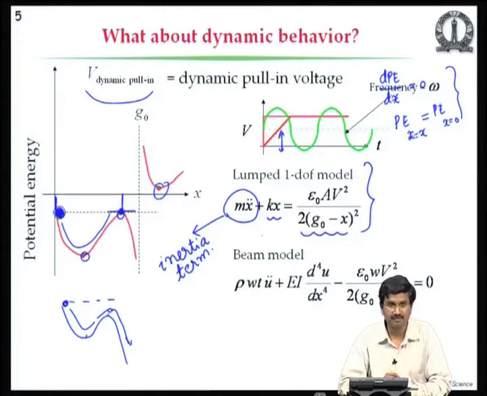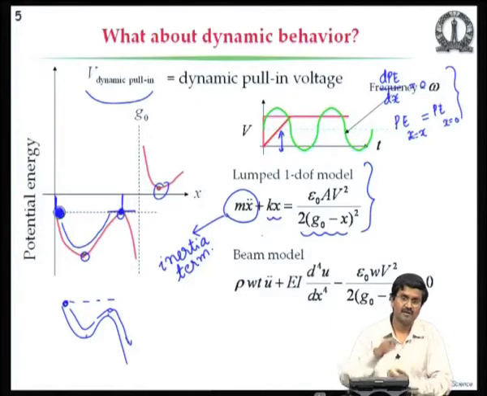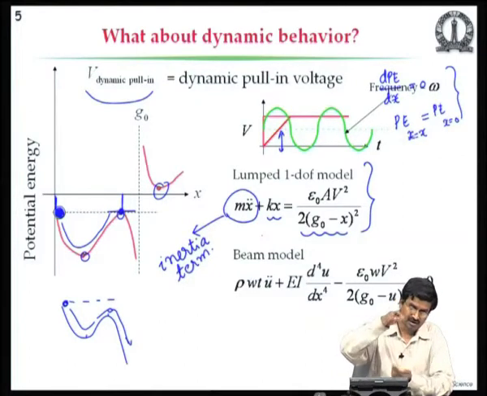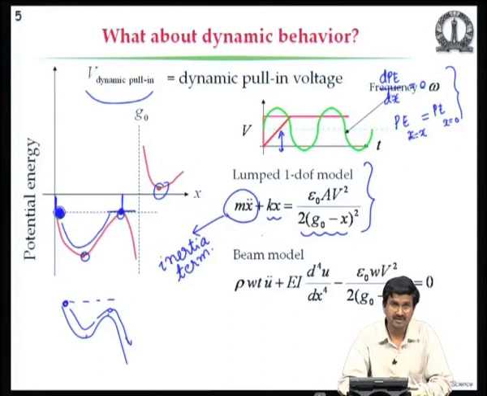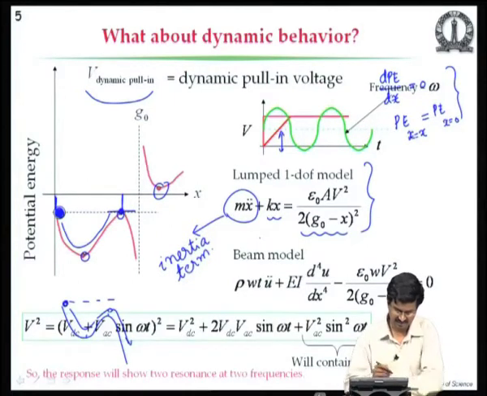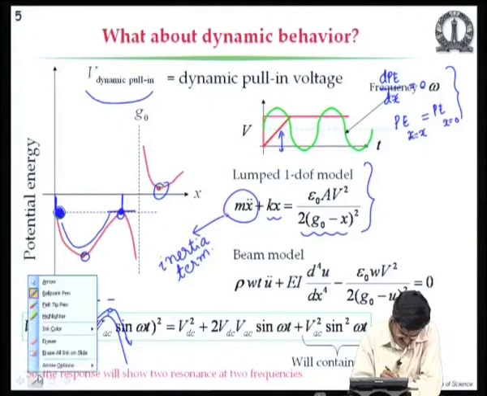But in this particular problem, this parallel plate, as you increase the frequency of your voltage, resonance occurs much sooner. The reason for that we can understand by looking at, let us erase these lines.